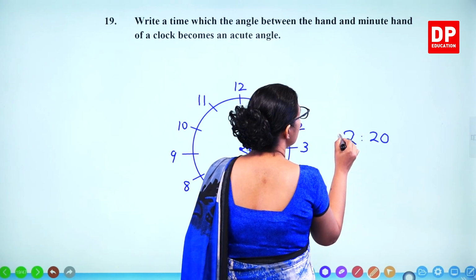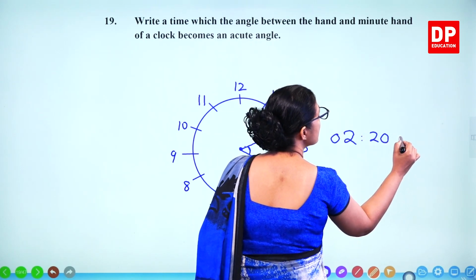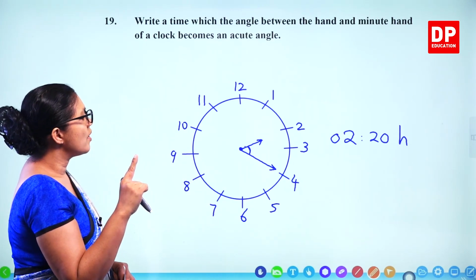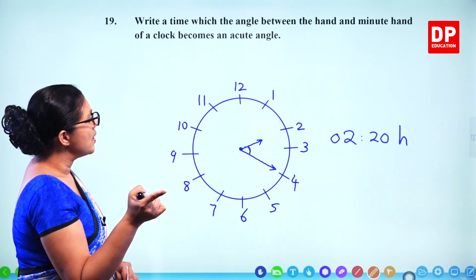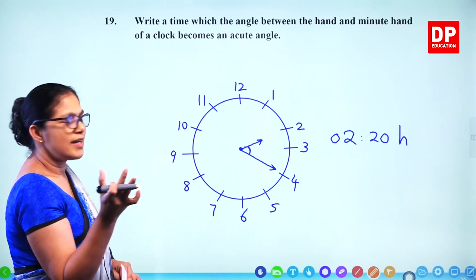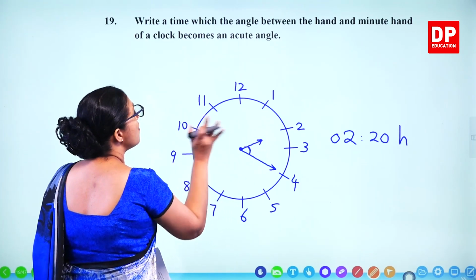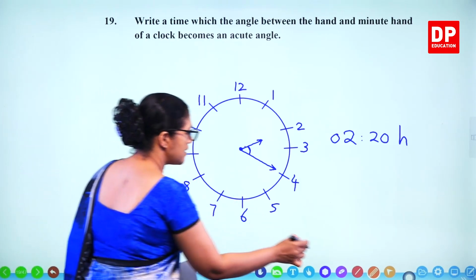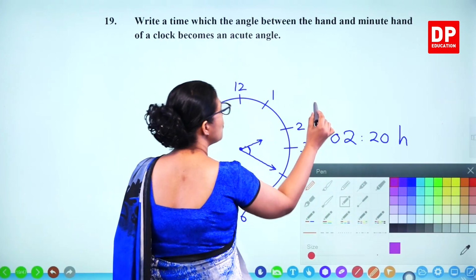Here you can write in standard form 2:20 hours, 2 o'clock and 20 minutes. Any time you can give, but the main thing is it should be an acute angle, less than 90 degrees. So you get 2 marks for that.